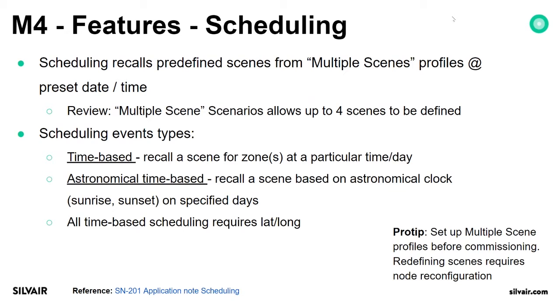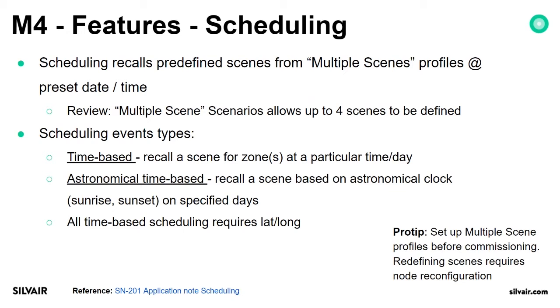Regarding commissioning, it's always good to set up multiple scene profiles before commissioning, as redefining the scenes afterwards would require node reconfiguration. So this is coming back to our first presentation.